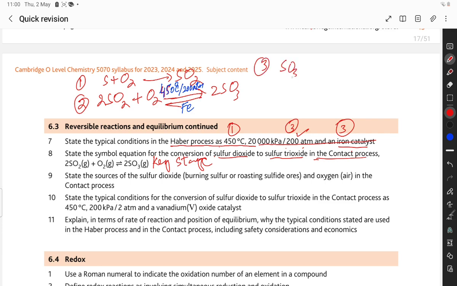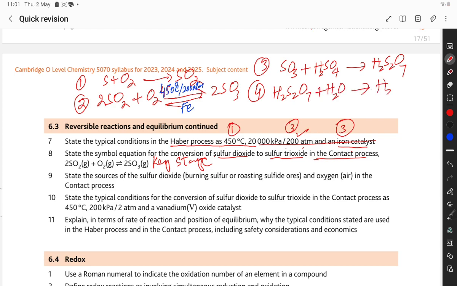The next stage is sulfur trioxide dissolved in concentrated sulfuric acid, H2SO4, to form oleum, H2S2O7. Then the fourth stage: H2S2O7 diluted with water to form H2SO4.